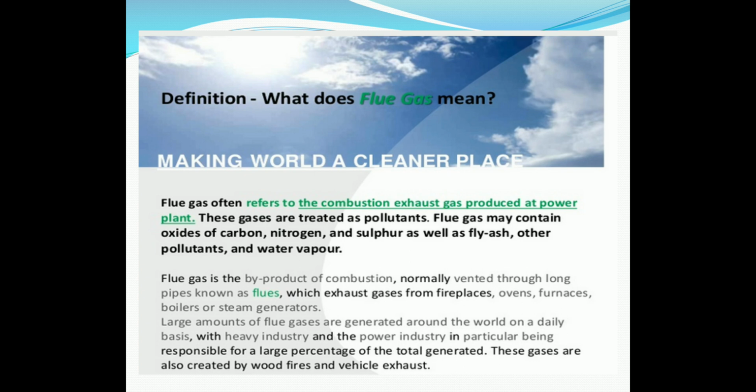Large amounts of flue gases are generated around the world on large scales on a daily basis. Heavy industry and in particular power industry is responsible for large percentages of emissions. These gases are also released by wood fires and vehicle exhausts.